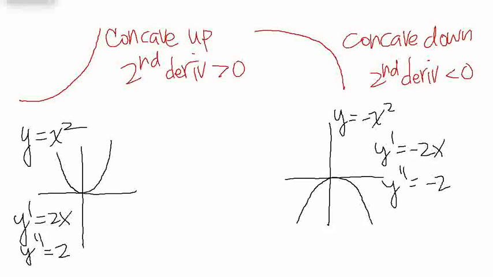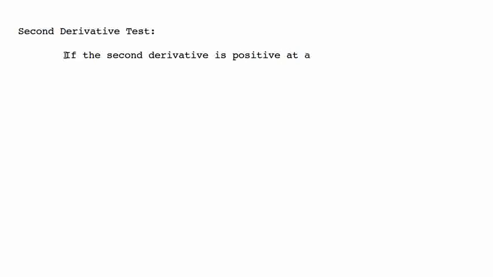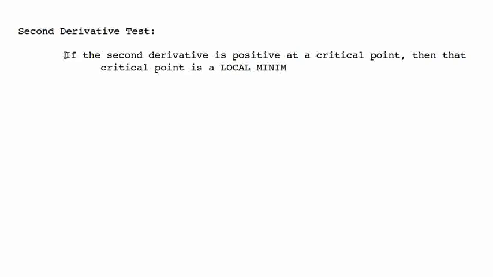Let me go ahead and spell it out for you, the second derivative test, so there's no misunderstanding. If the second derivative is positive at a critical point, then that critical point is a local minimum.